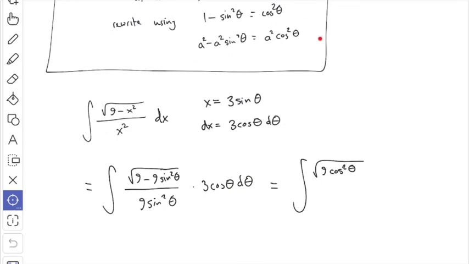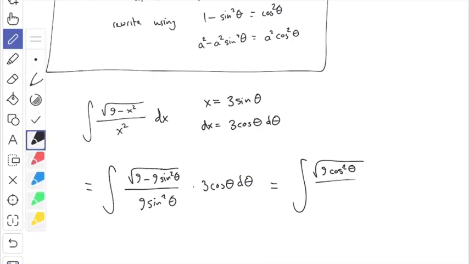This is the rewriting rule when you have that extra constant out front. It comes from the original rewriting rule, but just multiplied through everything by a squared. And then in my denominator, I still have 9 sine squared theta. And over here, I have 3 cosine theta d theta.